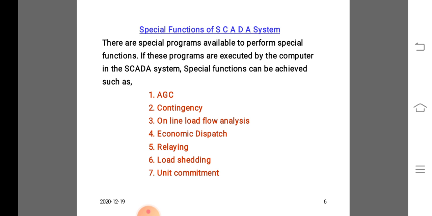A special function of the SCADA system is that relays are located within the remote terminal unit, and commands from the energy control center open or close selected control circuits to perform a supervisory action.